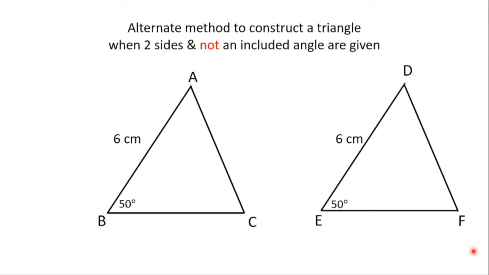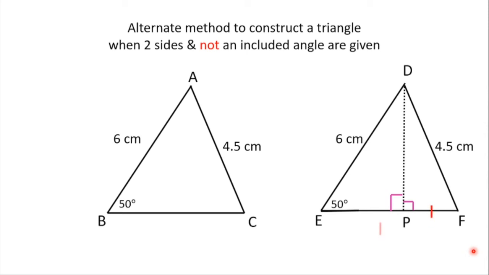Now concentrate all your attention on the triangle DEF. Before that, AC and DF are 4.5 centimeters each. Now from D, drop a perpendicular like this; we'll call this point P. Now you try to see the segment PF.